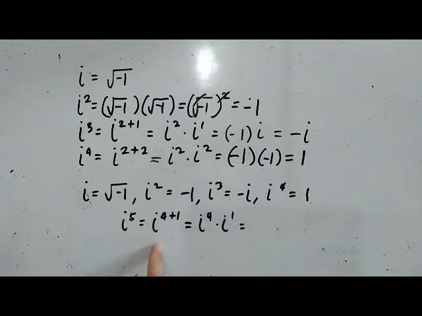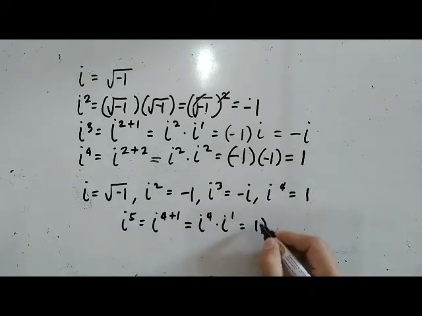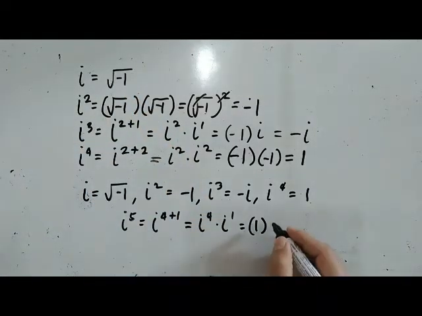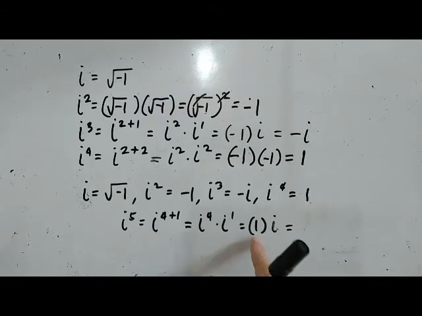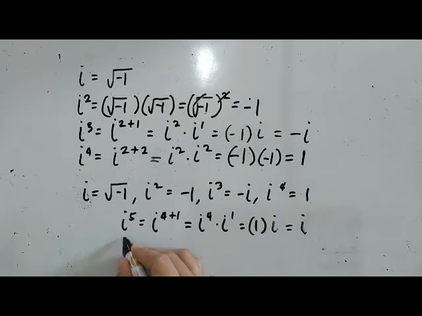I to the power of 4 is equal to 1, and I to the power of 1 is equal to the square root of negative 1, or simply I. So I to the power of 5 is simply 1 times I, which is simply equal to I. So that is its simplified form: I to the power of 5 is simply equal to I. Okay.